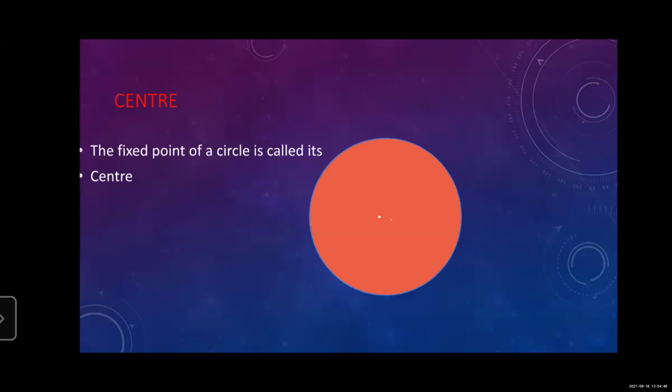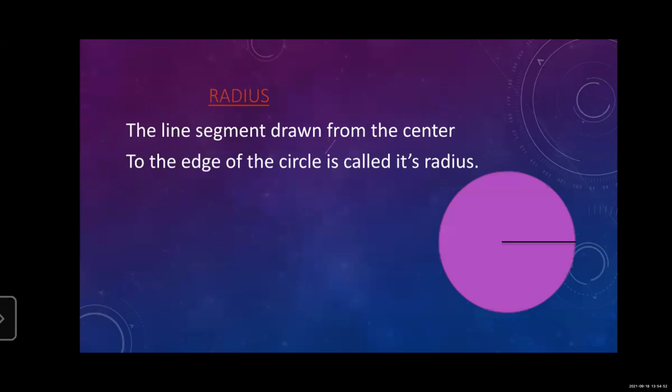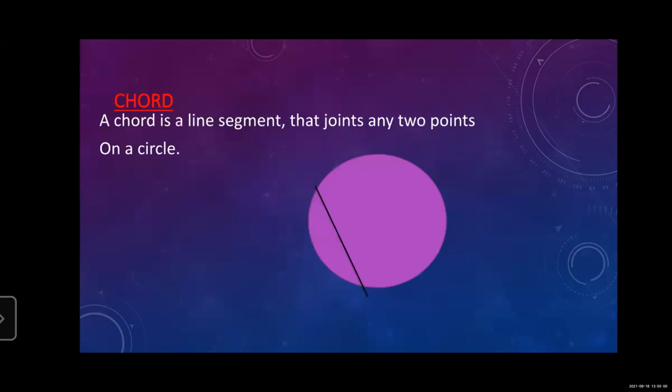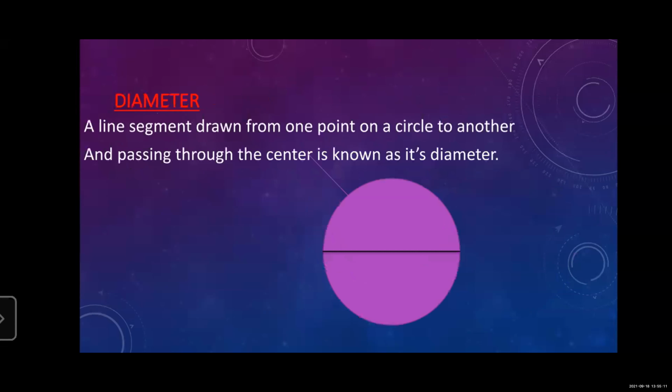Do you know what the center is? The fixed point of a circle is called its center. Radius. The line segment drawn from the center to the edge of the circle is called its radius. Chord. A chord is a line segment that joins any 2 points on a circle. Diameter.